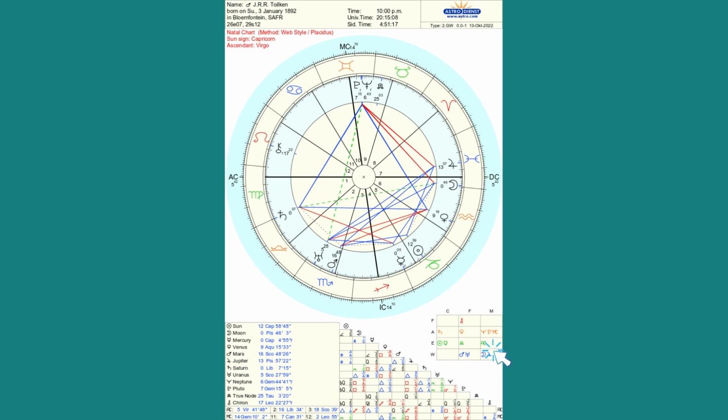He's got a fair amount of air, a fair amount of earth, a fair amount of water, quite a bit of fixed energy, but also he's got cardinal and mutable energy.